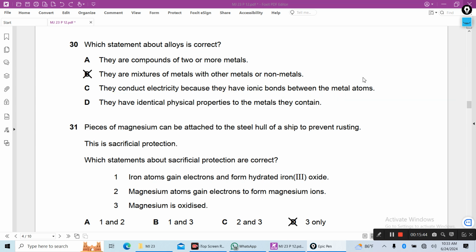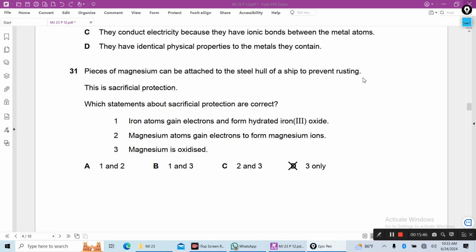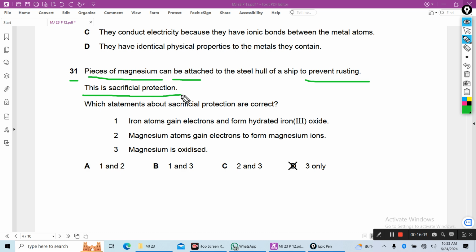Next, 31. Pieces of magnesium can be attached to the steel hull of a ship to prevent rusting because magnesium is more reactive. This is sacrificial protection.